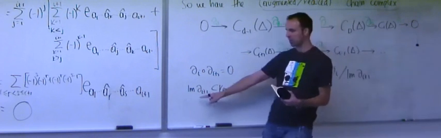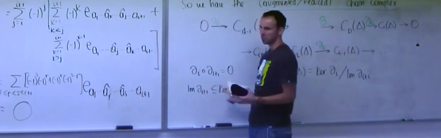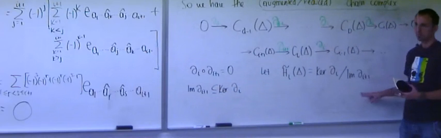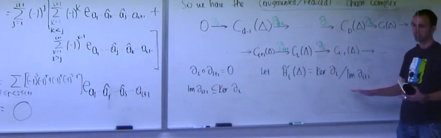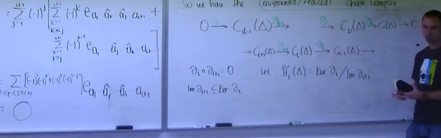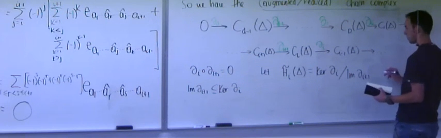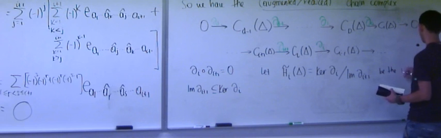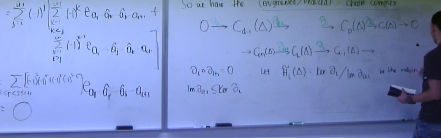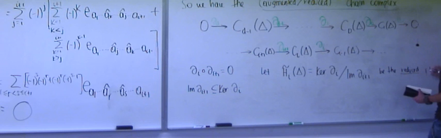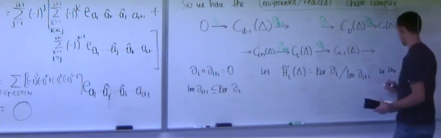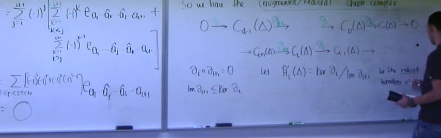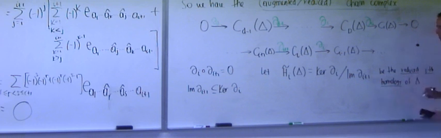Whenever you have a subspace of a vector space, you can take the quotient. And this basically tells you whether you're exact or not, and if you're not exact, then how bad it is. So this is the reduced ith homology of delta.